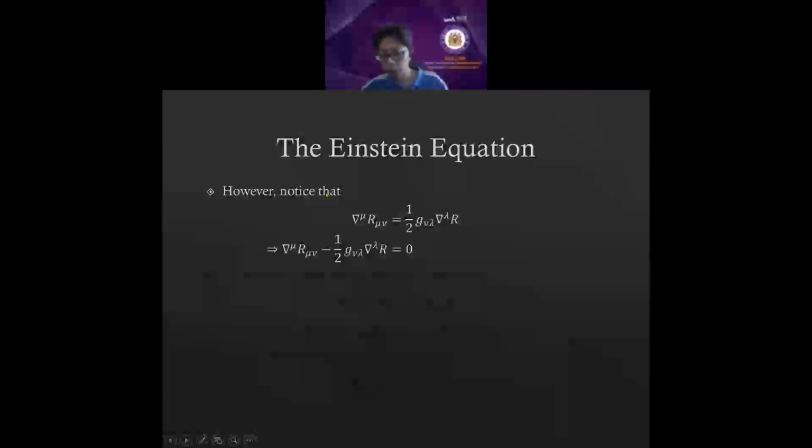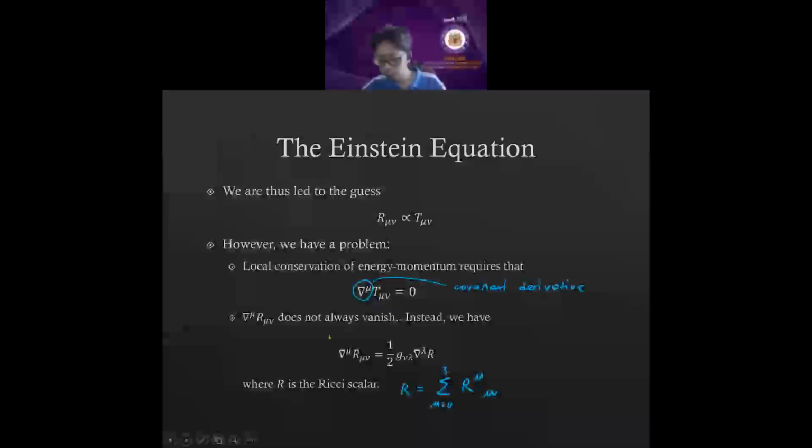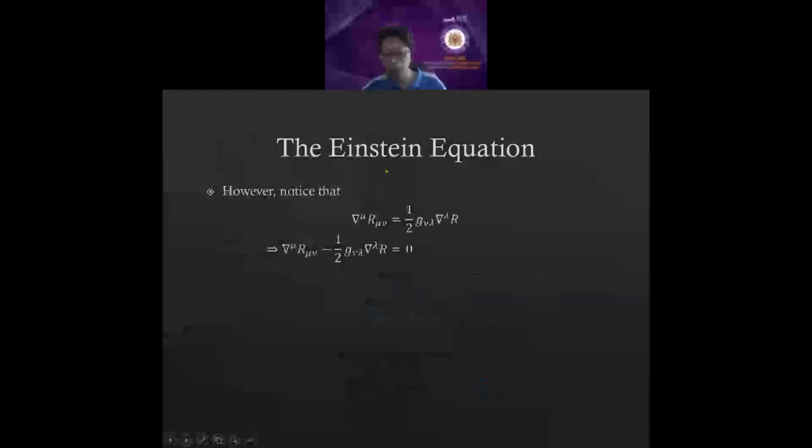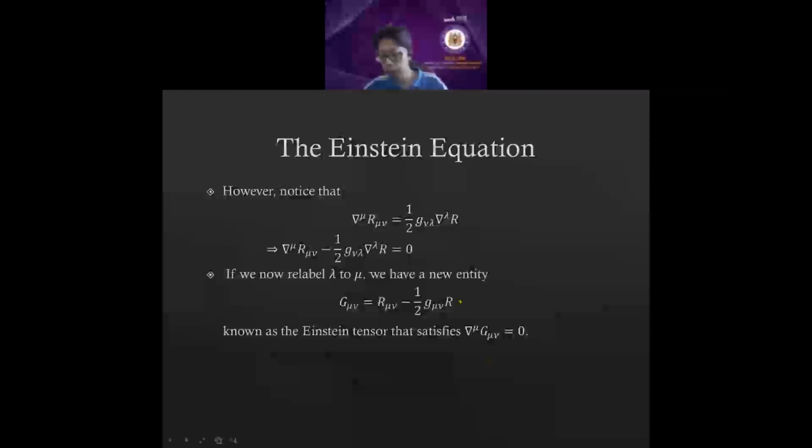Nevertheless, if we do a bit of algebra, a bit of rearrangement, we can bring the right hand side to the left hand side to obtain this quantity. Notice this one over here. What we can do is define a new entity that always satisfies this condition. This quantity is what is known as the Einstein tensor.